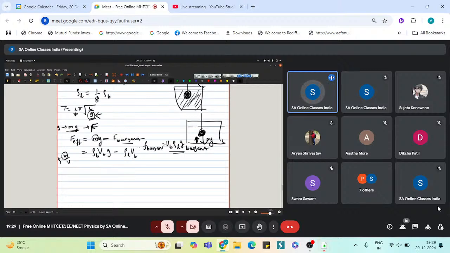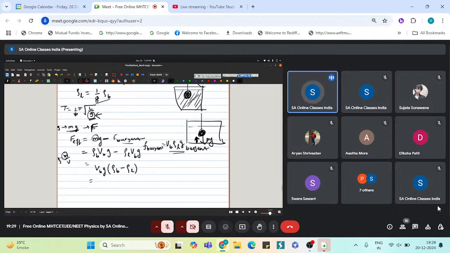The volume will stay the same, because the force is acting on the same volume, and the volume of liquid that is getting displaced is also the volume of the blob. So VB will stay the same. And so we can write this as VB into G into rho of blob minus rho of liquid.